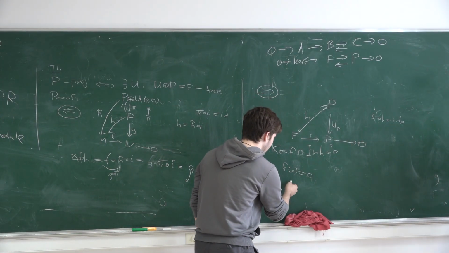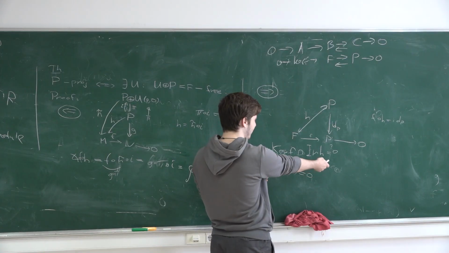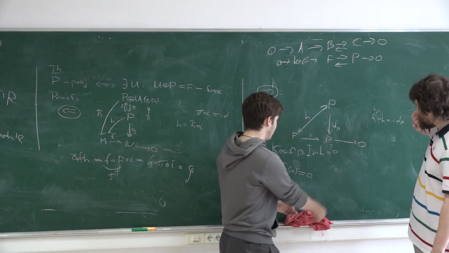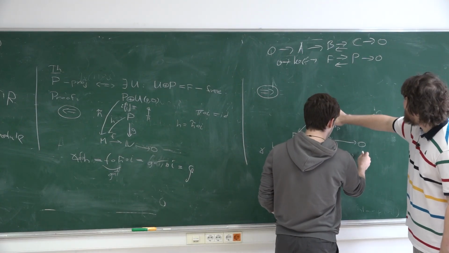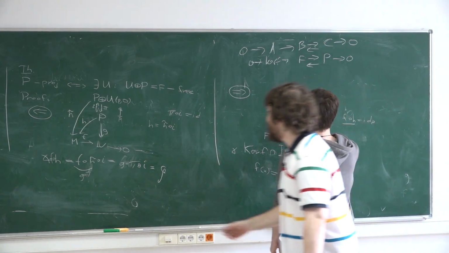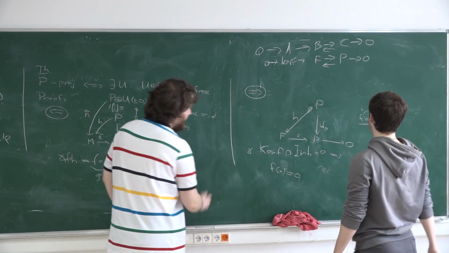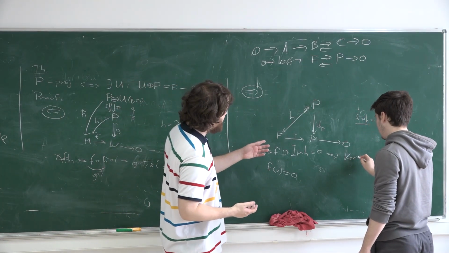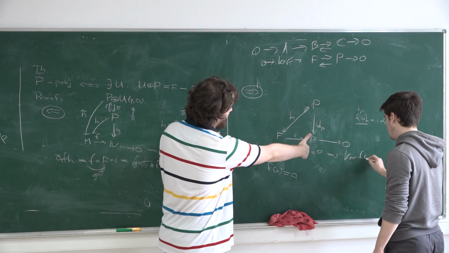This is obvious, maybe. Why this is identity? Yes, okay. And the final part: we need to check that the sum is the whole F.